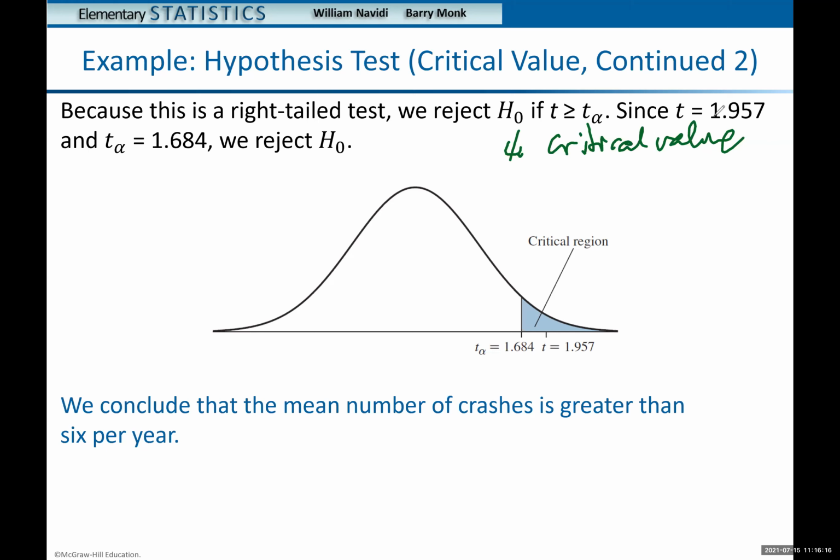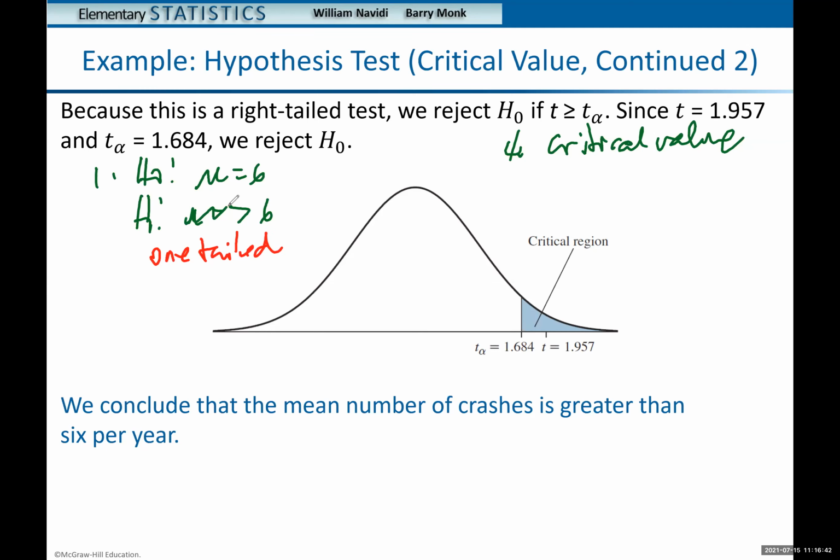we need to get, since, what was the hypothesis? The mean is equal to 6, and this is greater than 6. If it's greater than or less than, we know that it is one-tailed, right?